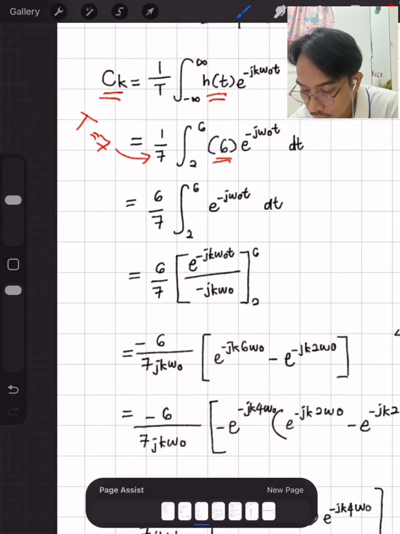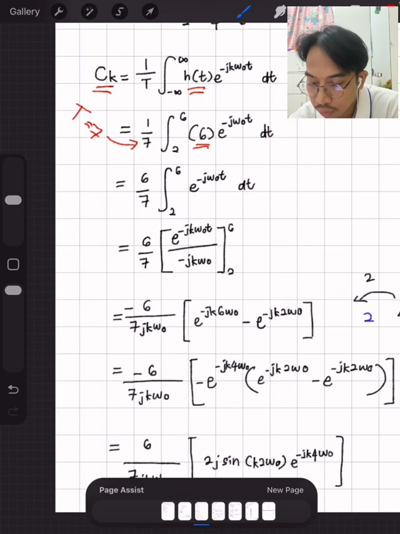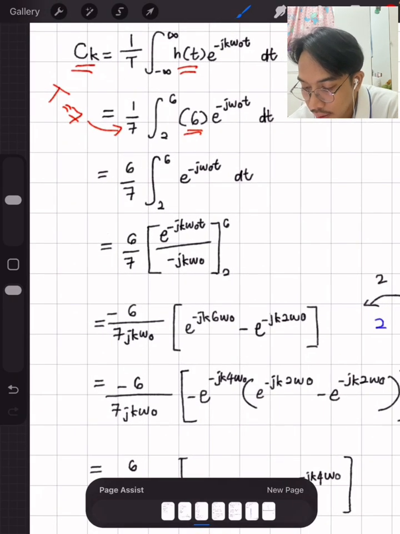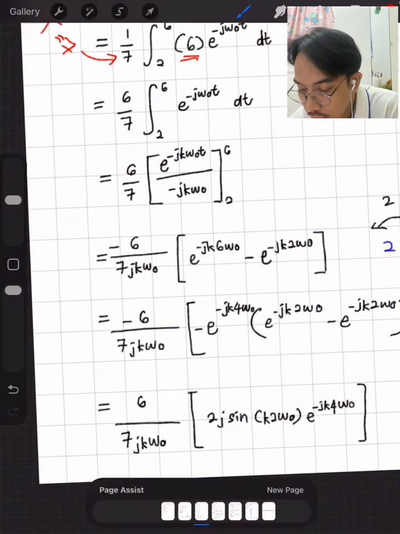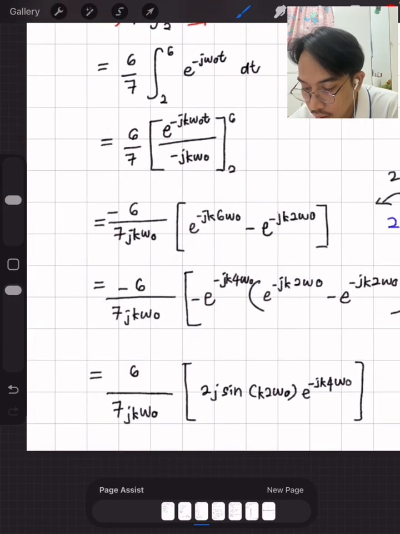So we simplify the equation here. We get 6 over 7 with the integration of exponent negative j k omega naught t dt, and then we integrate the equation, we will get this.